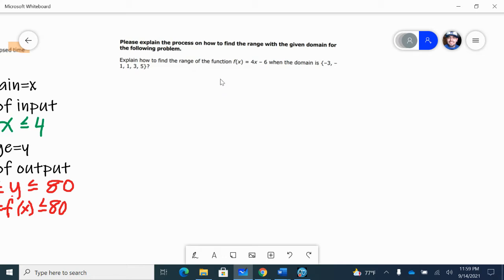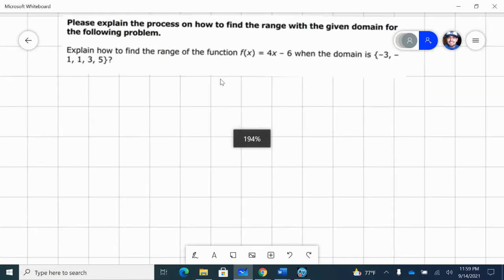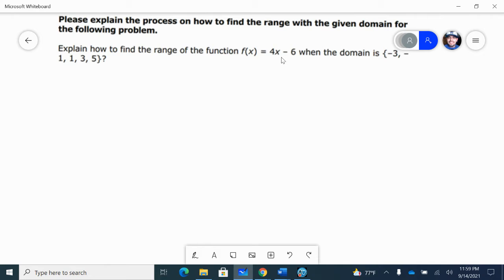So the first thing here is explain how to find the range of the function f of x equals 4x minus 6 when the domain is -3, -1, 1, 3, and 5. So if you guys remember, the first thing when we're trying to find output is we first have to identify our inputs, right? Some of you guys actually said this during your explanation: you can make a table, right?